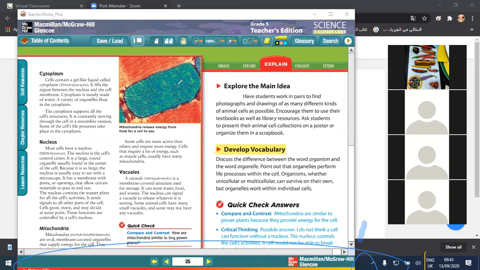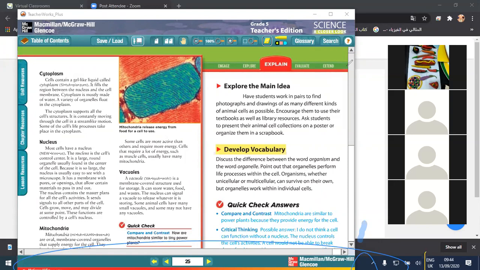Now, what is the job of cells? Who can define the cell?